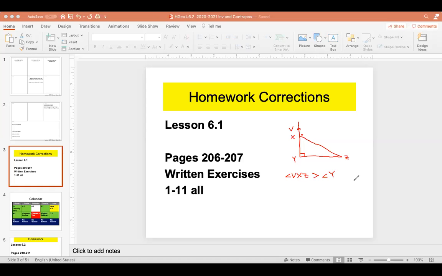The theorem says that one external angle is larger than either one of the two remote angles. So I can say that immediately, and then you can say that the measure of angle Y is equal to 90, and therefore VXZ has to be obtuse because it's bigger than 90.